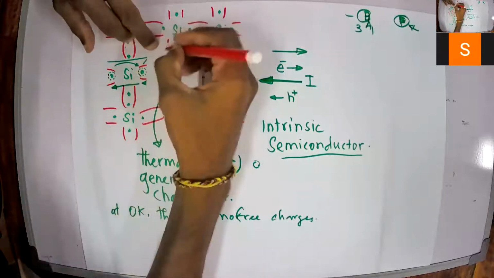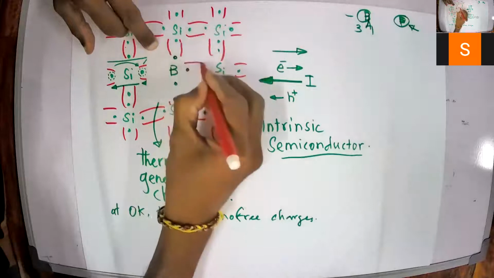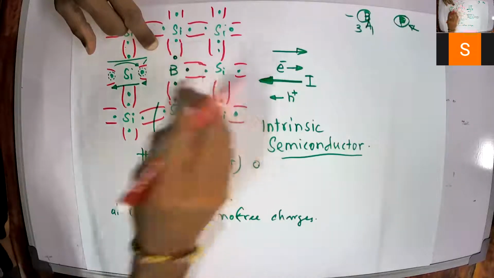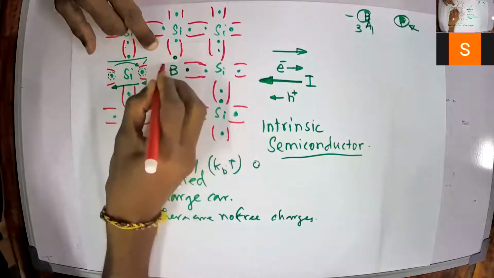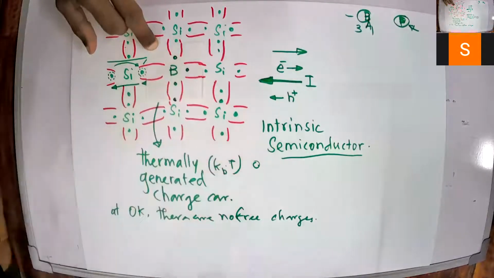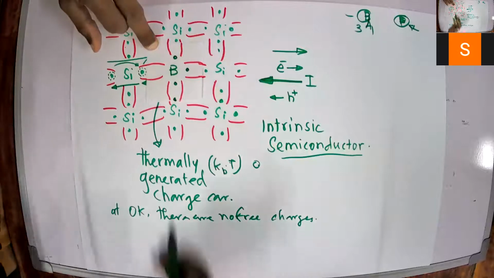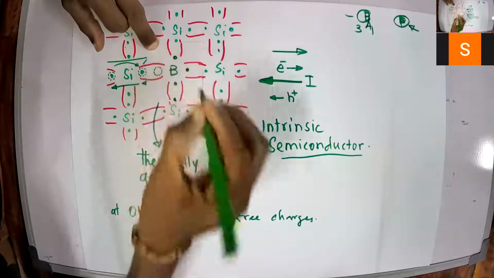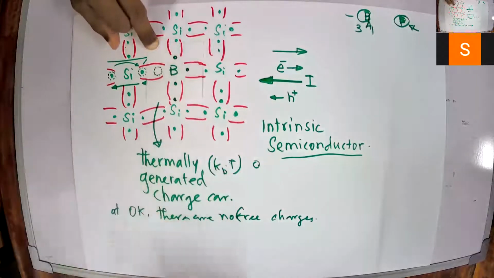Hence, these 3 electrons will come into bonds, and then there will be no electron for the remaining bond, so there will be a vacancy.